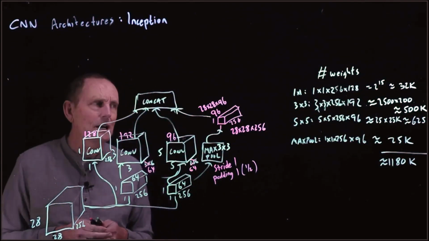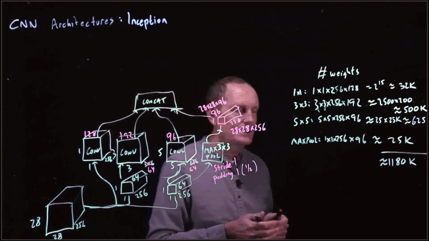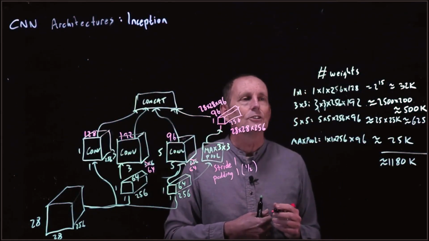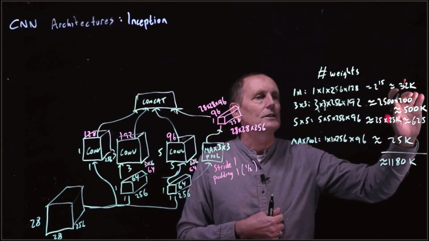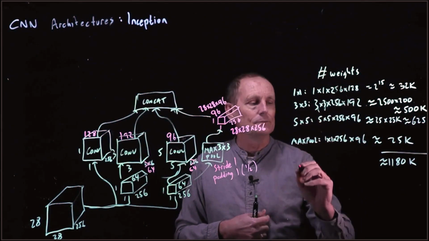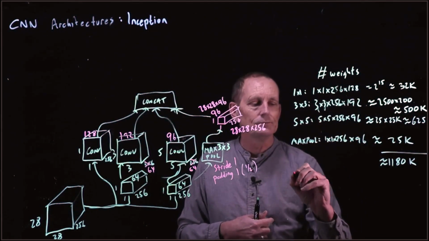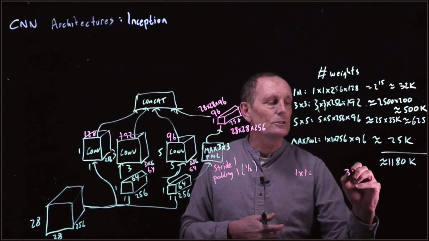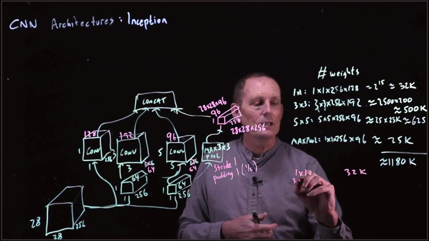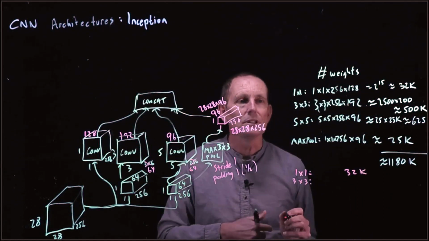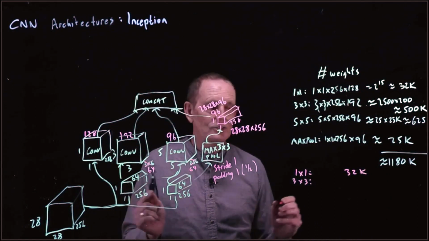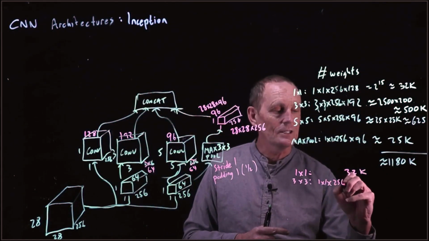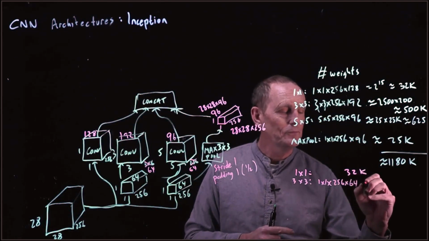Let's just look and see what it does to the sizes here. So all of a sudden, the 1x1 doesn't change. It's still 32K. The 3x3 layer, let's look at the new one. We have two components. We have our new 1x1s, so this is 1x1 by 256, and there's 64 of them, right?